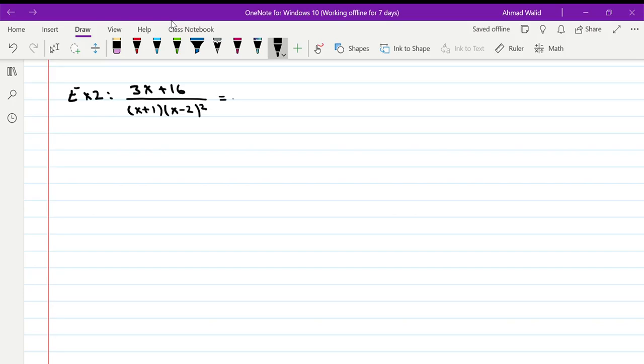Definitely 3, right? 1 fraction, 2 fractions, and 3 fractions. The first one, denominator x plus 1. The second one, denominator x minus 2. The third one, x minus 2 squared. And the top, A, B, and C.